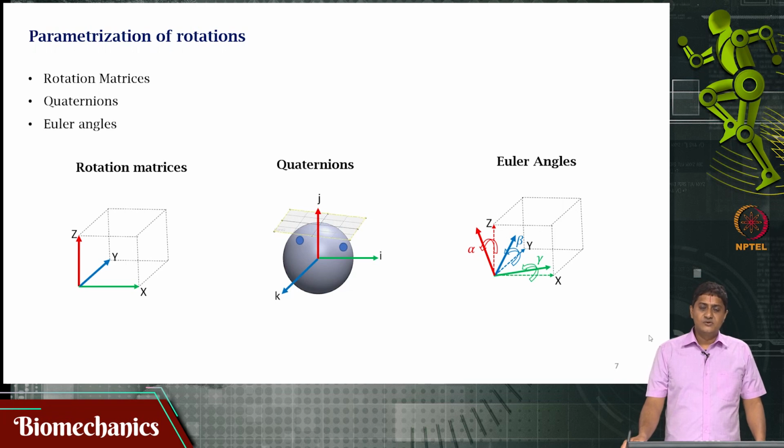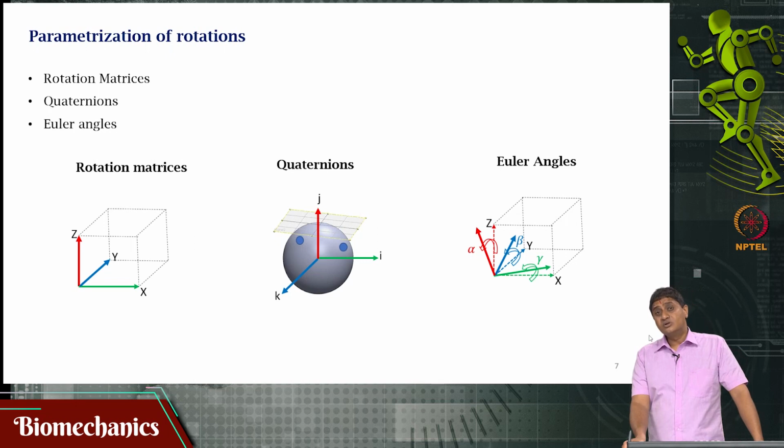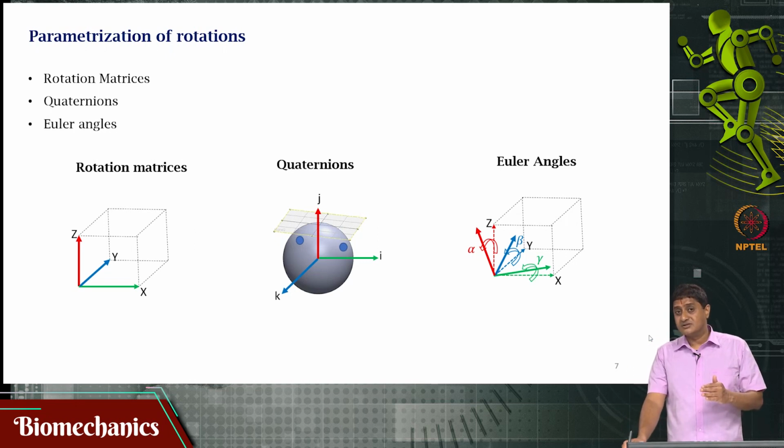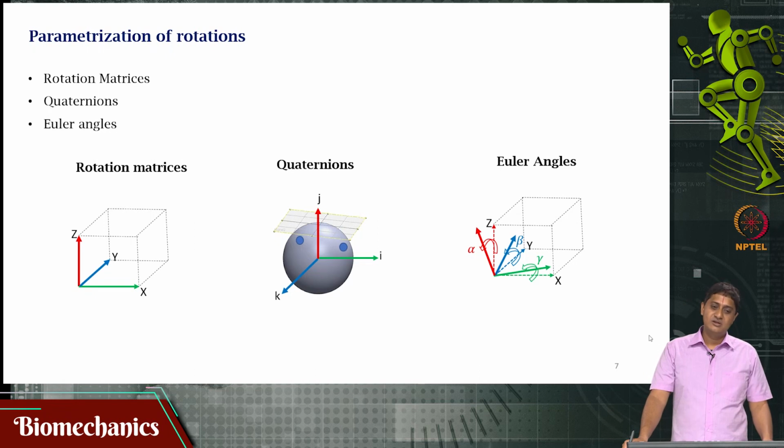Rotations are usually represented in one of these three forms in biomechanics. Common textbooks on biomechanics usually discuss rotation matrices and Euler angles. They also discuss how to convert Euler angles to rotation matrices and vice versa. Quaternions are usually reserved for a later chapter in textbooks on biomechanics.